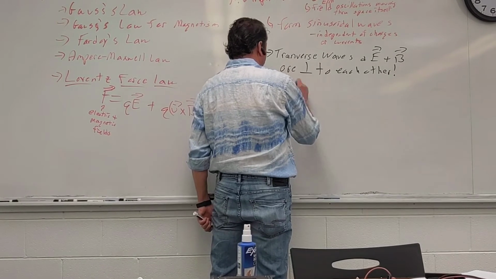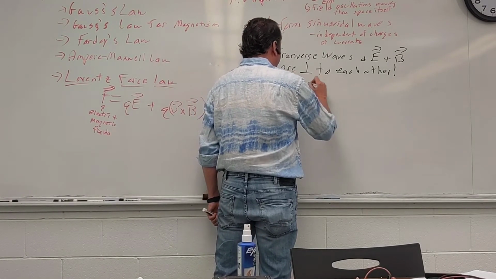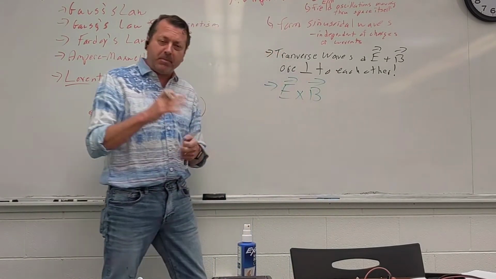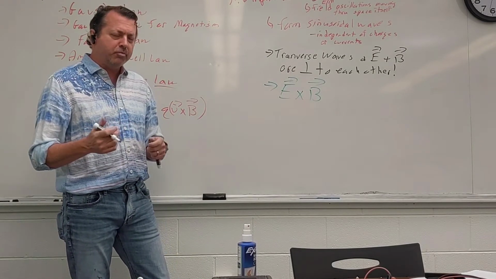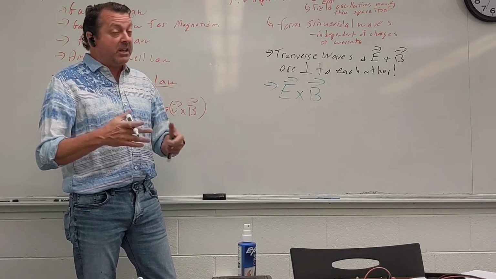Okay. And let's just say that the E cross B, if we do a cross product, remember perpendicularity? When things are perpendicular, that's when we use the cross product. And so remember, it gives a vector out.